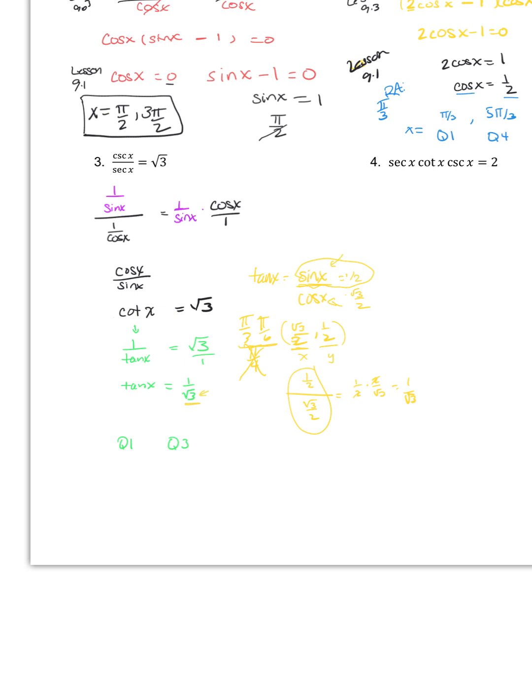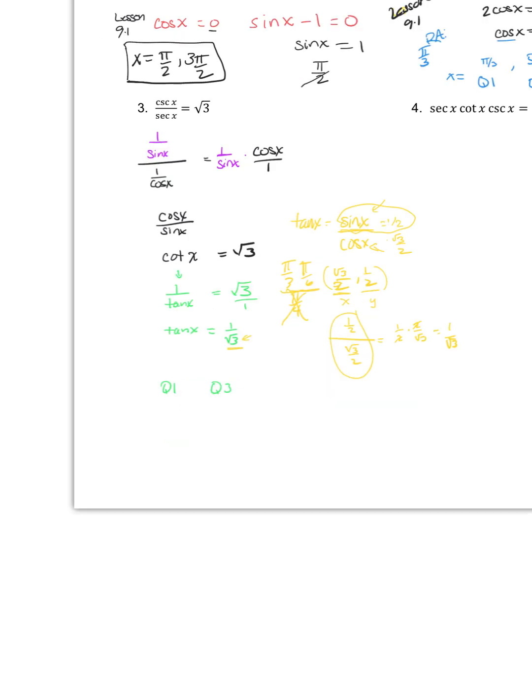And that reference angle is always pi over 6, okay? So we are positive in these two quadrants that we have here, and the reference angle is going to be pi over 6. So because we're in quadrant 1, pi over 6 is an answer. Quadrant 3 is always going to be numerator 1 greater than denominator, 7 pi over 6. And that's what x equals.